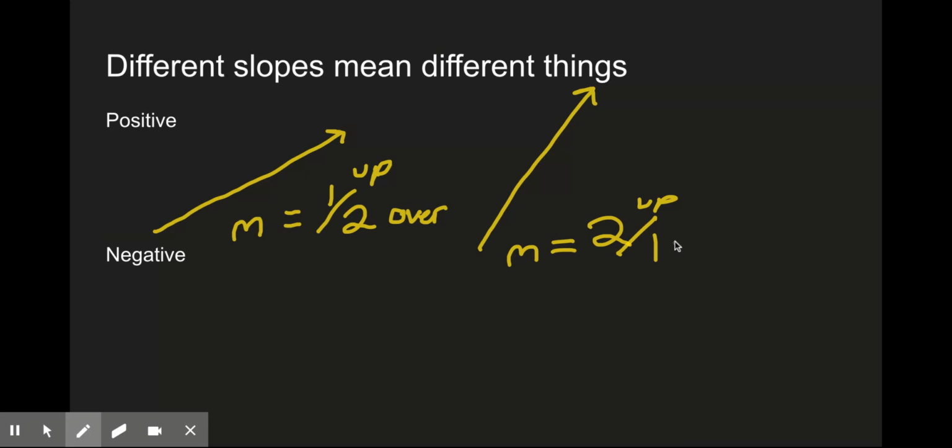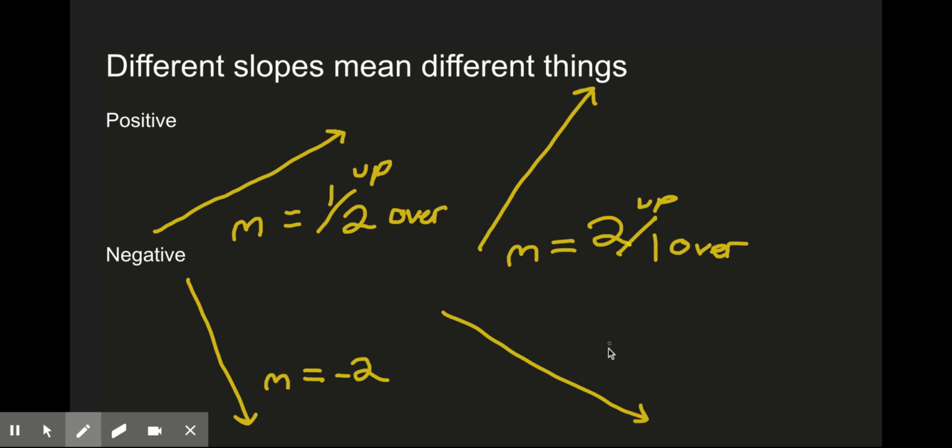So what this is saying is, oh yeah, you're going to be moving up faster than you move over. All right, now let's think about a negative slope. The same thing applies. Maybe I have a really steep negative slope. And maybe it's less steep, but is still negative.